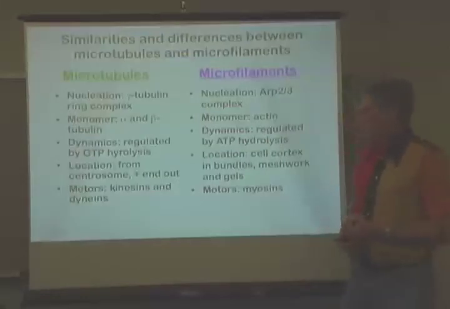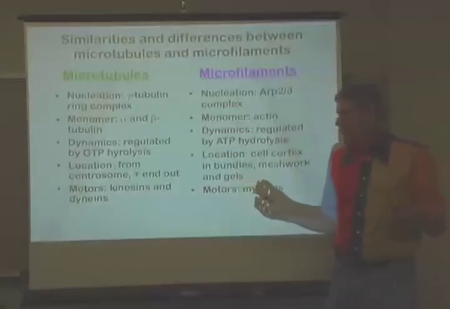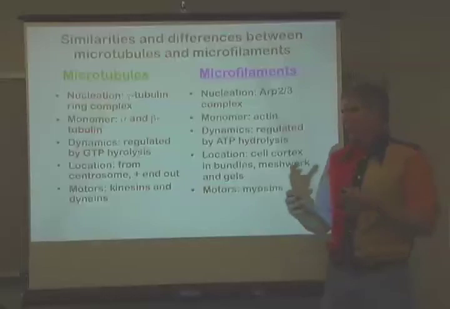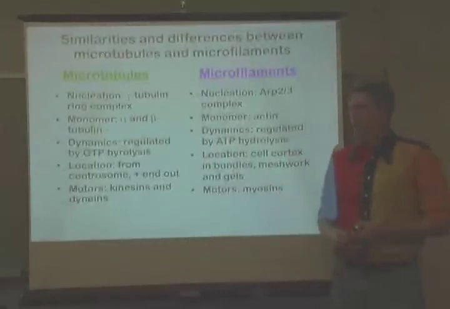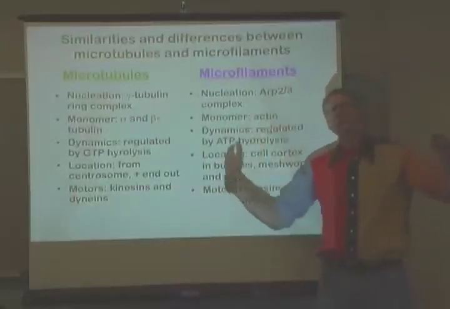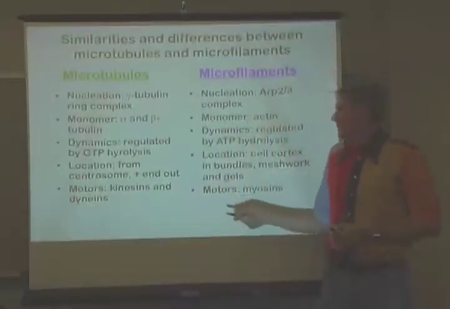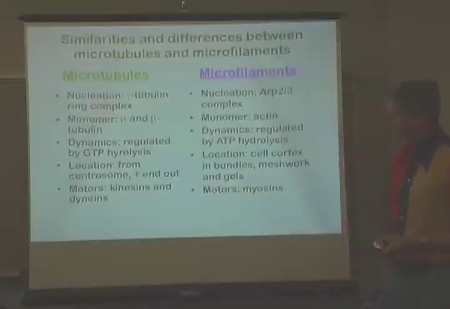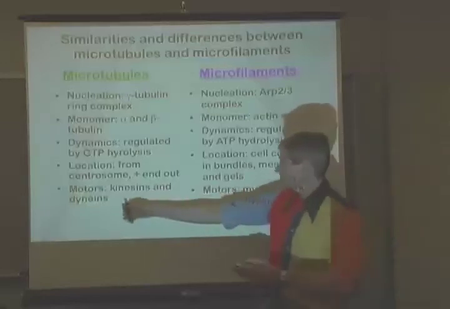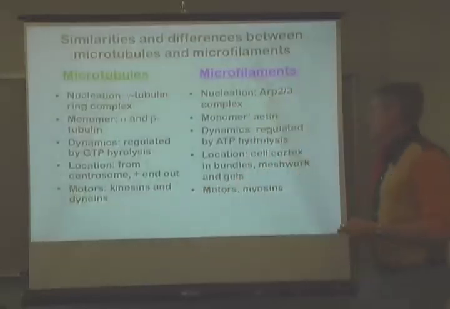So if you think of it in terms of a building, a skyscraper, microtubules would be like the steel frame, and actin filaments would be like the wood frame around the steel skeleton. And they have different motors. Microtubules have kinesins and dyneins, and actin filaments have myosins.